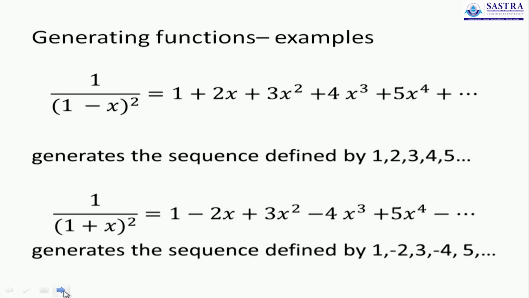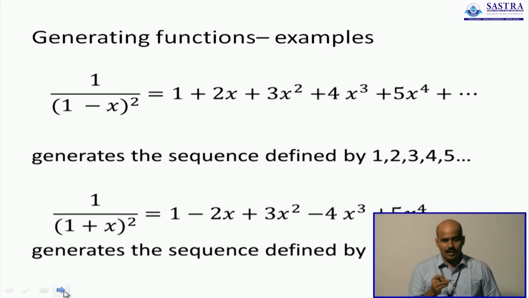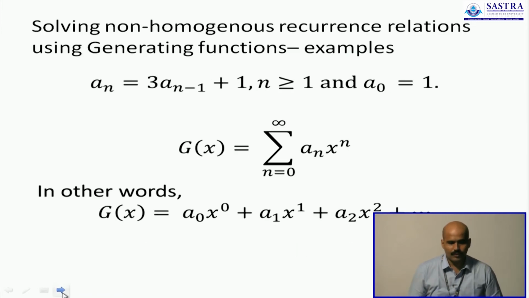We will try and solve certain recurrence relations not using the algorithm we learnt in the previous class, but by using such generating functions. That's going to be the last part of this unit on recurrence relations, and we'll discuss this today. For example, I've taken a very simple recurrence relation and we'll try and solve this using generating functions.